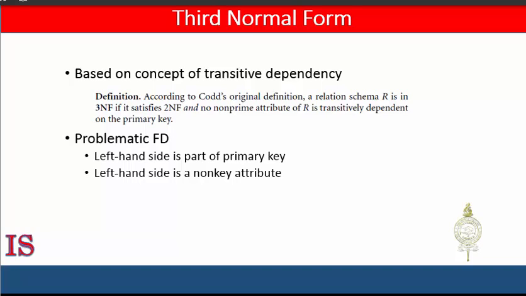The relation schema employee department that we saw in that previous slide is in second normal form since there are no partial dependencies on the key. However, employee department is not in third normal form because of the transitive dependency of department manager Social Security number and also department name on the SS number via department number.